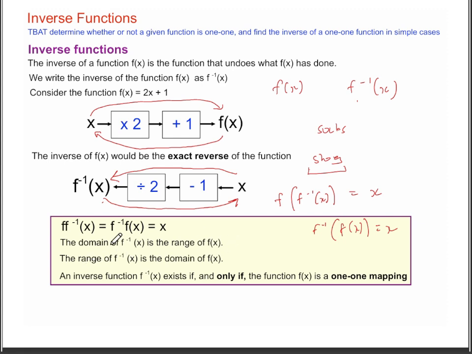The opposite is true as well: the range of your inverse function is the domain of your original function. And finally, a very important part: the inverse function only exists if the original function is a one-to-one function. Remember, we discussed one-to-many, many-to-one, and one-to-one. Inverses only exist for one-to-one functions.